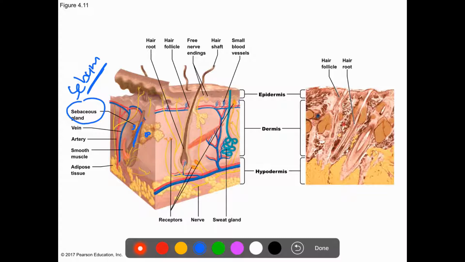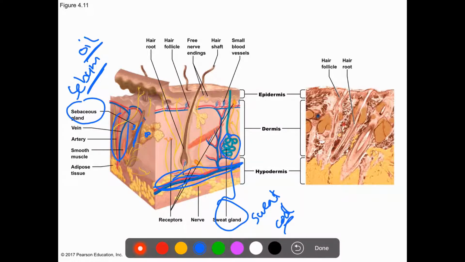So it's kind of an oil that would moisten and soften the hair. We have also sweat glands, like these. These produce sweat that is going to cool our body off, as we saw earlier. We have also blood vessels.